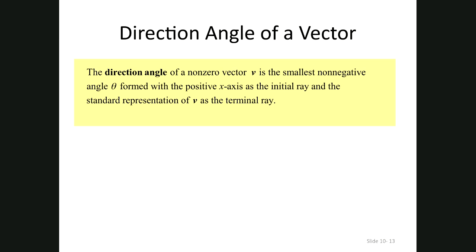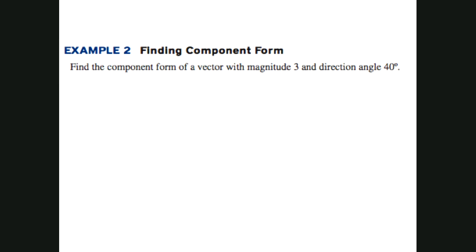So if I asked you to find the component form of the vector with magnitude 3 and a direction angle of 40 degrees, if I wanted to draw that out, 40 degrees is about like this, and the magnitude of 3 would be 3 here.